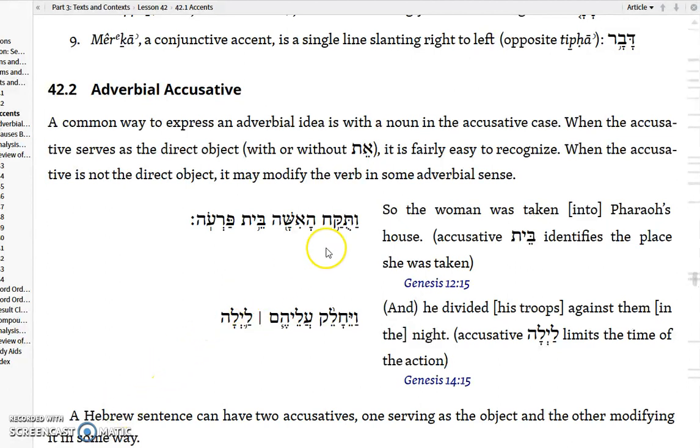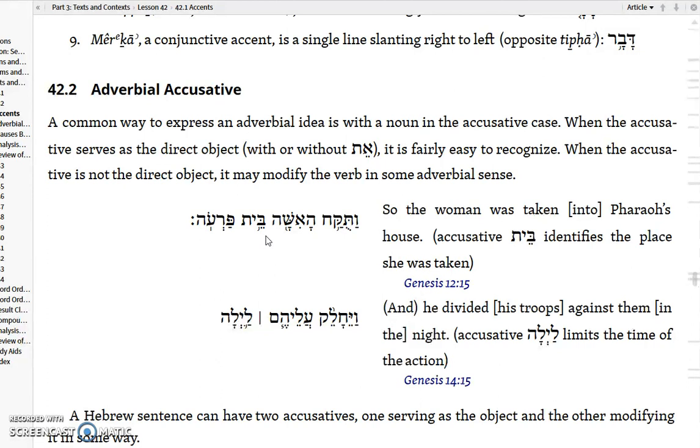So here you have the example, Vaituka ha'isha bet paro. Subject is Haisha, the woman was taken. And then bet paro is an adverbial accusative, and it means into the house of Pharaoh.